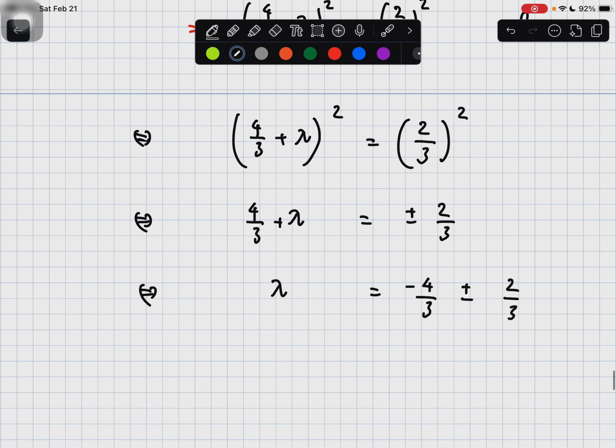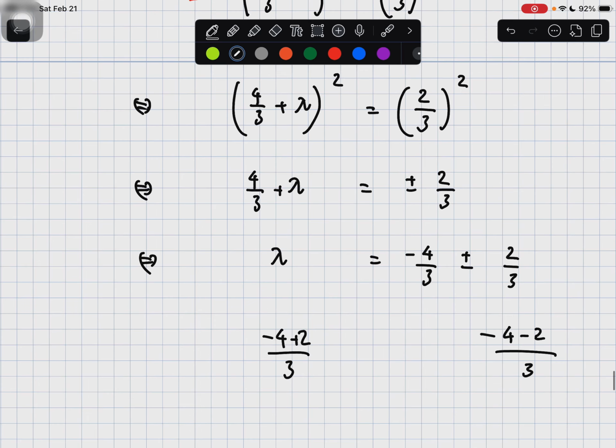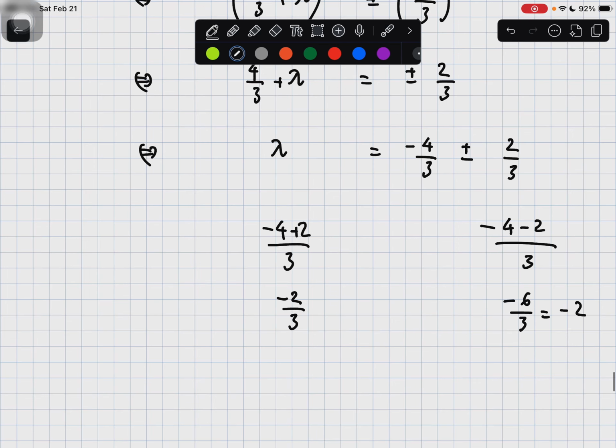So you have minus 4 plus 2 over 3, minus 4 minus 2 over 3, so two cases: minus 2 over 3, minus 6 over 3, which is minus 2. So in this case you have lambda 1 equal to minus 2 over 3, lambda 2 equal to minus 2.